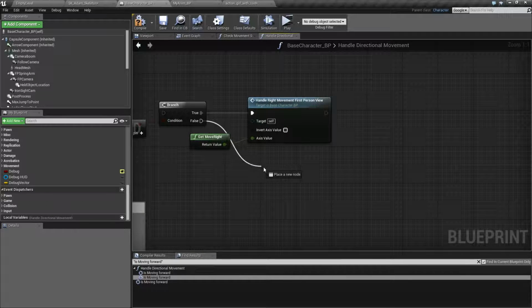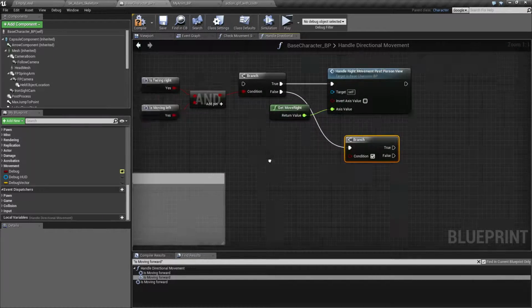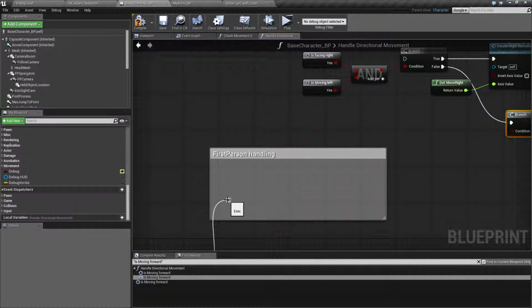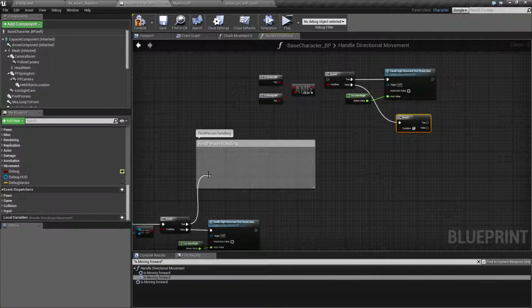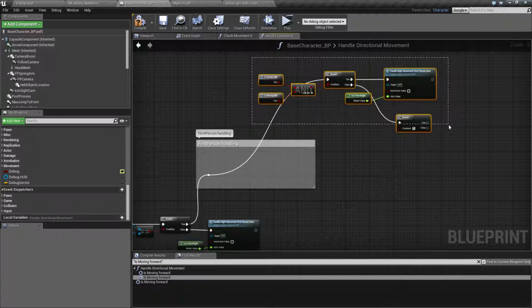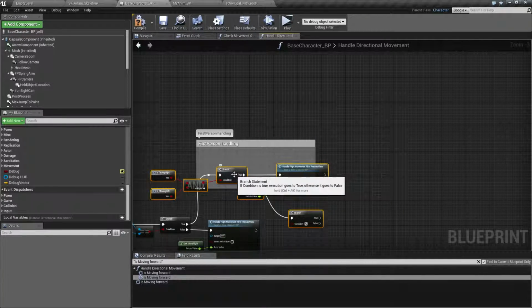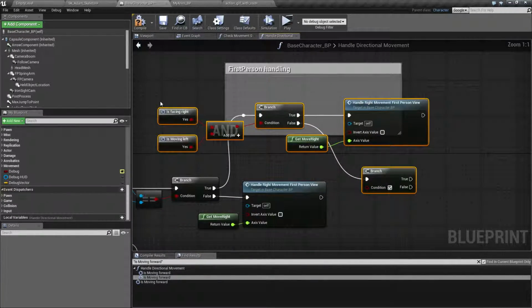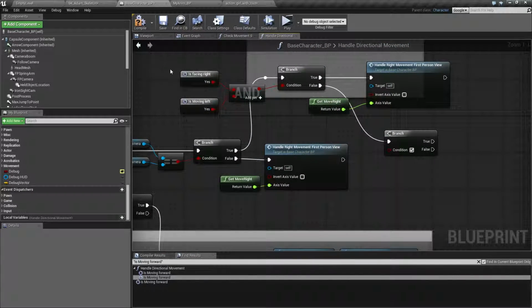So if this is not true, then we are gonna make another check. And this one is actually going to be from this part up here. It's going to be connected up to this one. So we could just move this down here. So this is facing right, so let's make the opposite check.